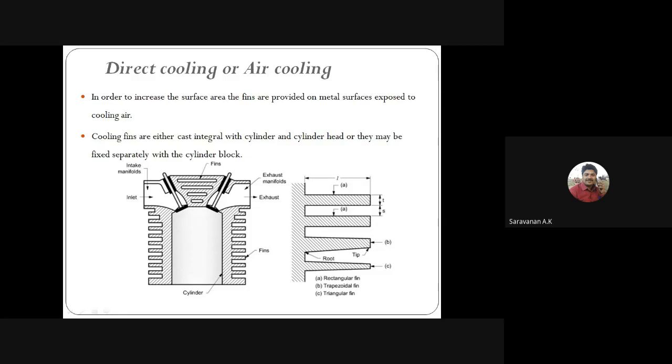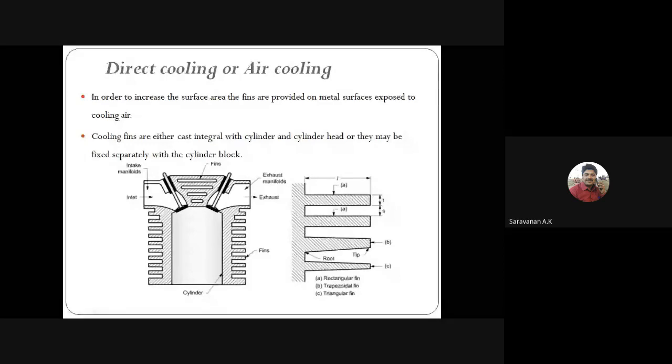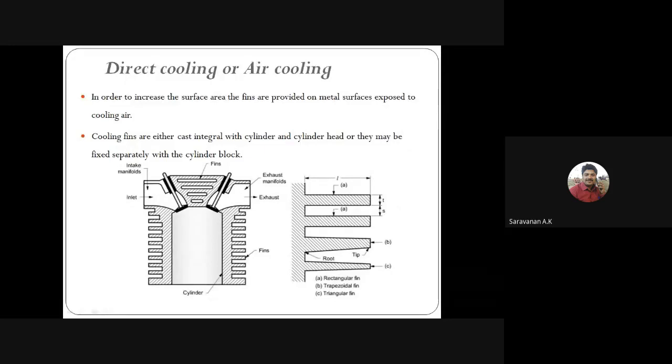The various types of cooling fins are shown here: rectangular, tapered, trapezoidal, and triangular fins. Various types of cooling fins are available.